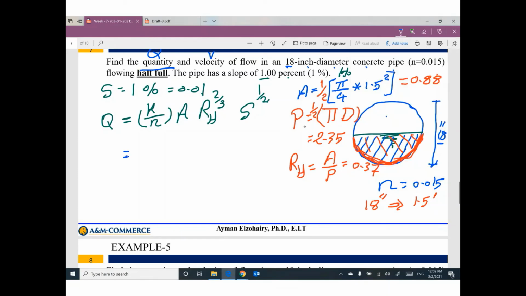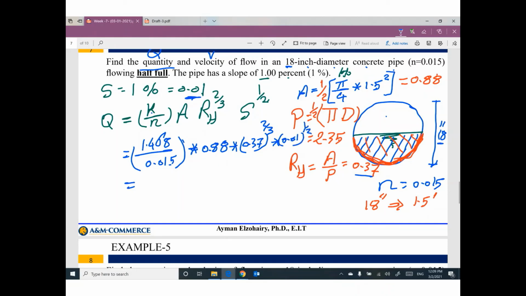So discharge equal K, 1.468, N 0.015, area equal 0.88, hydraulic radius 0.37 to power 2/3, slope 0.01 to power 1/2.